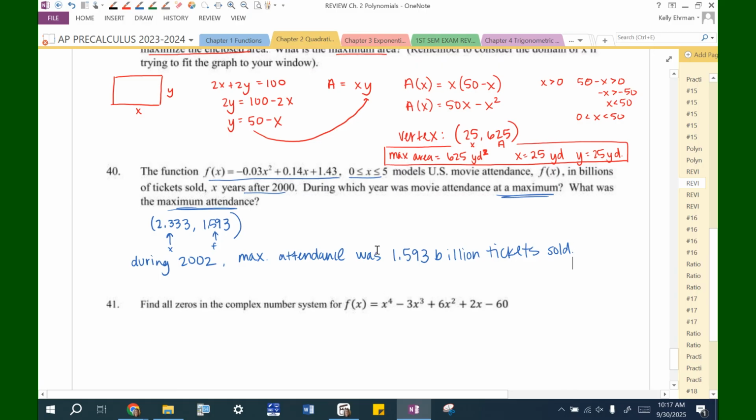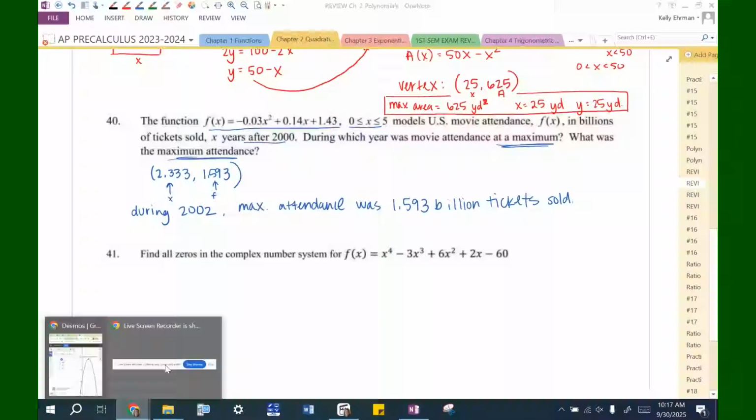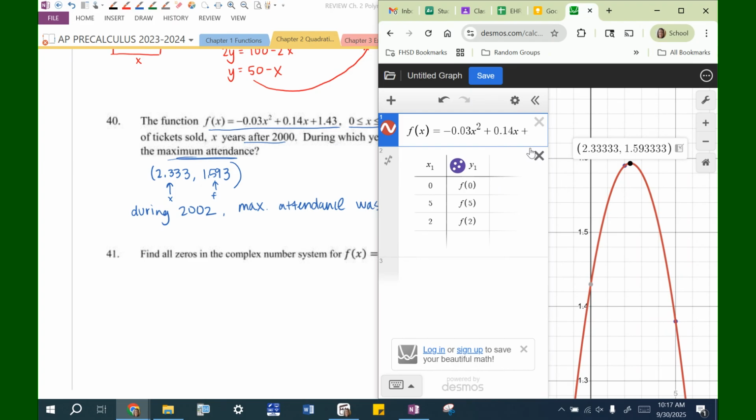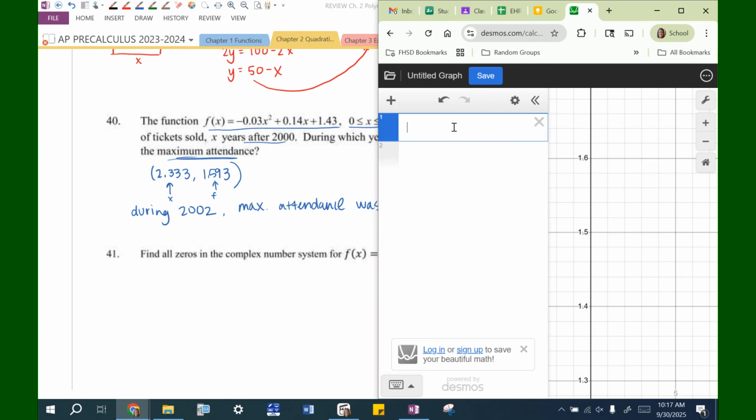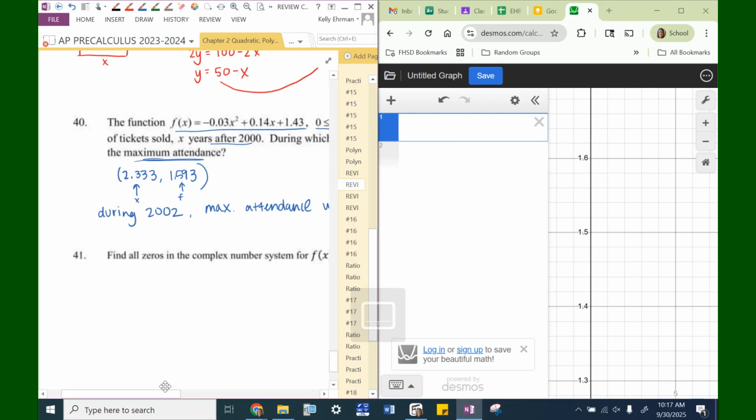All right. And then find all the zeros in the complex number system for this graph. So if I'm not giving you zeros, then what I want you to do is graph this f of x. So again, I'm going to make sure that I type it in correctly.